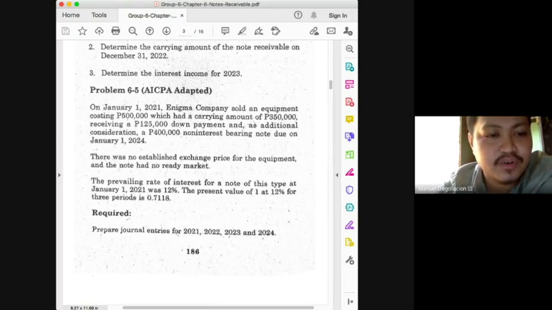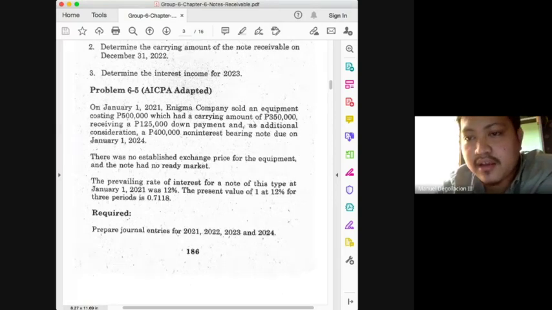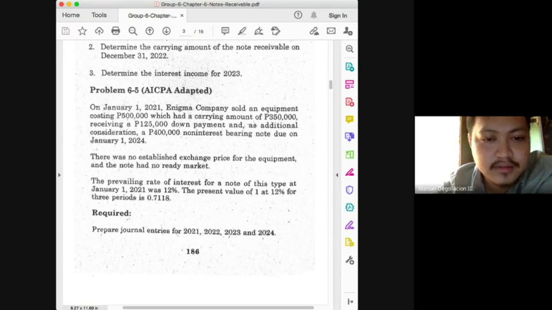So definitely there is no accumulated depreciation, even if we're dealing with an equipment, and normally an asset that deteriorates. Okay, but since we are not using it as an equipment, then we will not be recognizing any accumulated depreciation. But here in problem 6-5, what we are selling is not an inventory, but instead an item of our property, plant, and equipment, which is a depreciable asset.